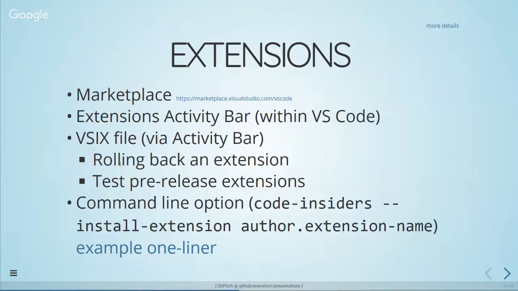I'll go download the previous version's VSIX file and install that one manually, and it rolls the extension back for me. There are some extensions that are released on GitHub that don't show up in the marketplace. Microsoft will do that for some things. You go to the repository on GitHub, download the VSIX file, and add that as well.